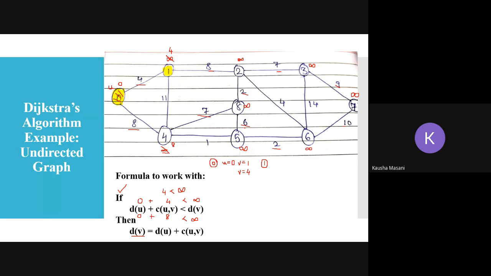I'm just simply asking, how many vertices can I reach from 1? Directly if I want to reach. Don't see whether they are explored or unexplored, don't see that. From 1 directly, which vertex can I see?